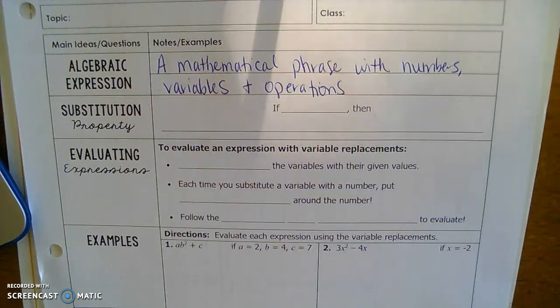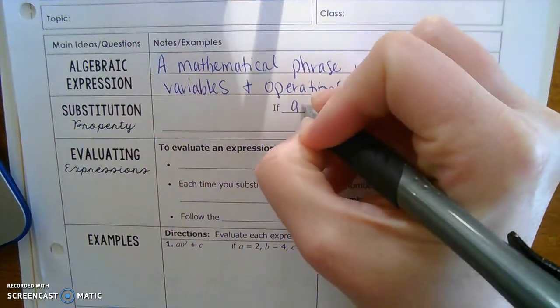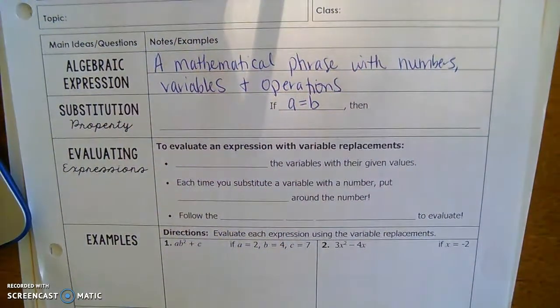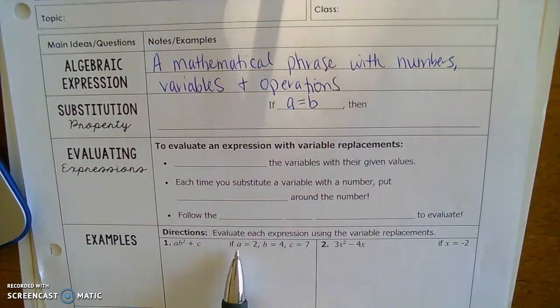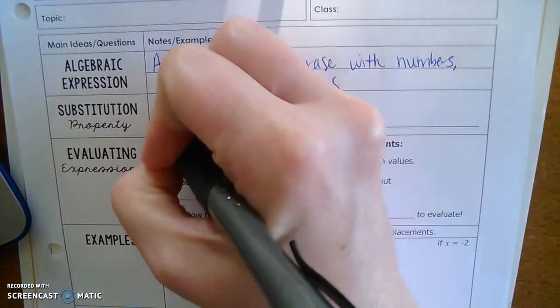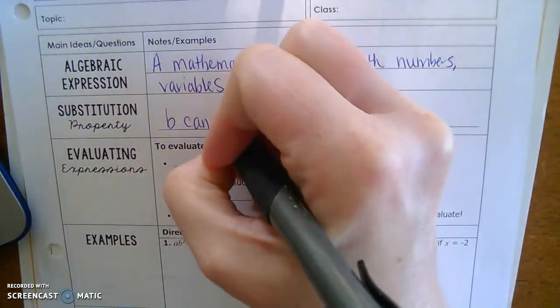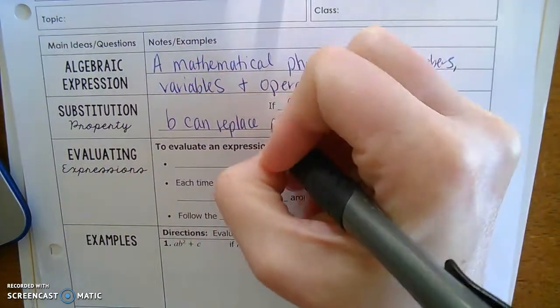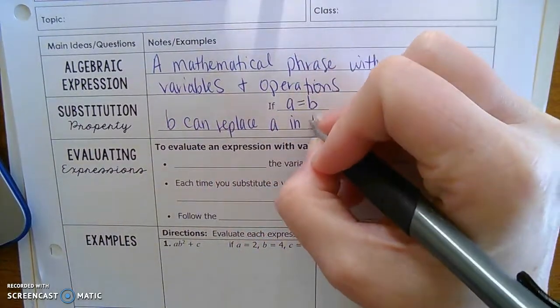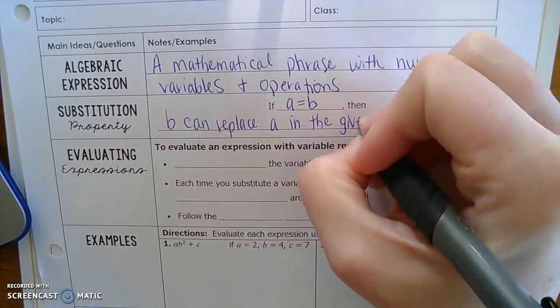So the substitution property that we'll use, we don't have to know that it's called that, but just so you know what it says, if A is equal to B, okay? So if you look down here at number 1, it says A is equal to 2, B is equal to 4, C is equal to 7. So it's just giving you a number for a variable. So if A is equal to B, then B can replace A in the given expression.